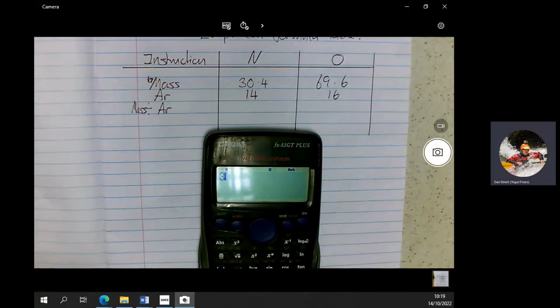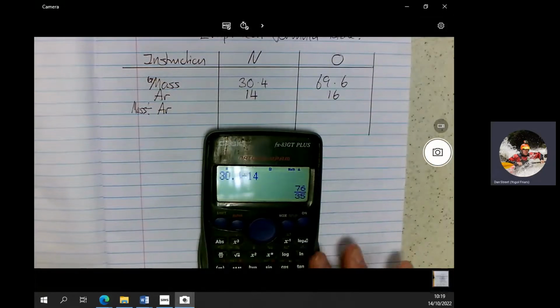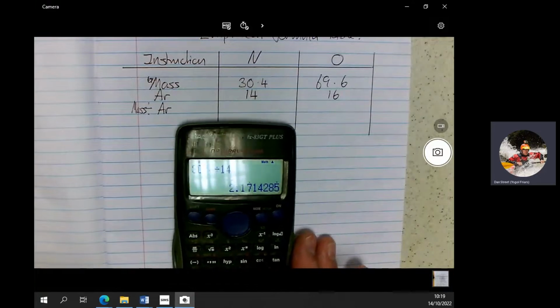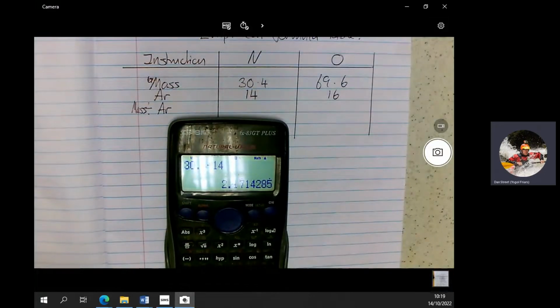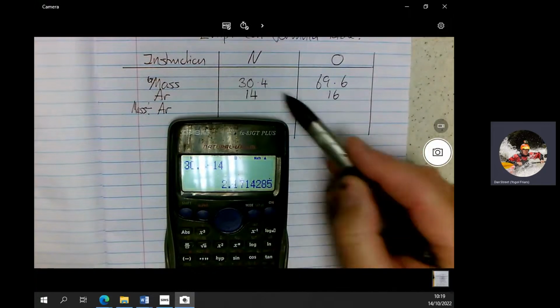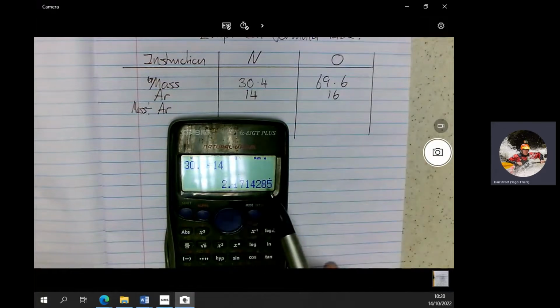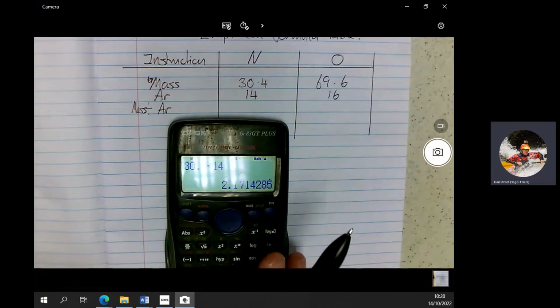So if we do 30.4 divided by 14, okay, that's 2.174285. Now, the information we were given here is to 3 significant figures, so I would advise that we quote any answers to 3 significant figures as well. We can't quote that level of accuracy there because our starting data isn't that accurate.